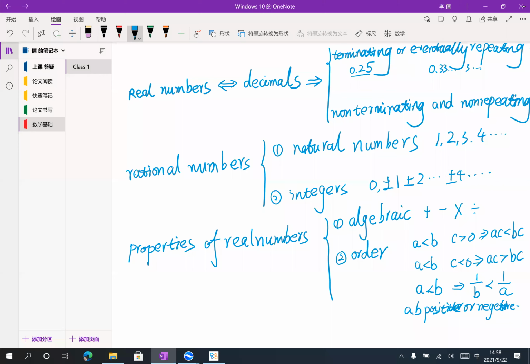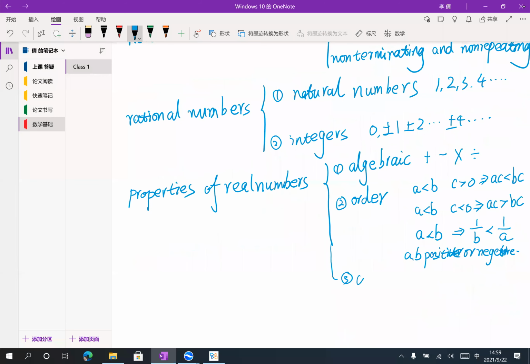This is the next property of the order properties. And the third property of the real numbers is the completeness property. Okay, and these are the properties of the real numbers.